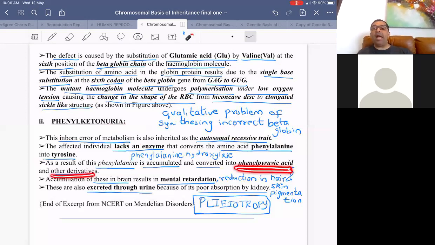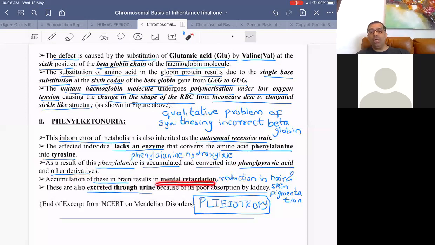So phenylpyruvic acid will form and accumulate in your brain, and that will cause mental retardation, reduction in hair, and reduced skin pigmentation, and all these are classical symptoms of phenylketonuria.